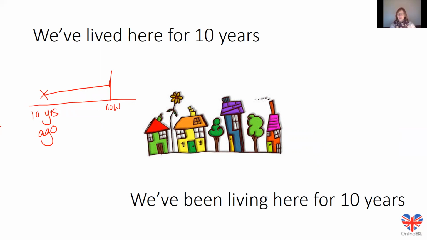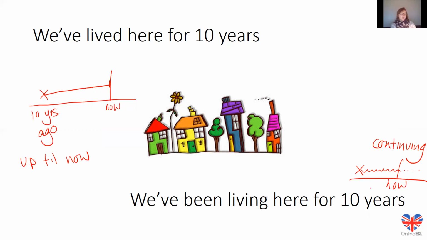Whereas this one here, we're saying we've been living here, but we're probably going to continue. So either way, we can talk about time up until now, or here we can talk about continuous time. Either way, it means the same thing.